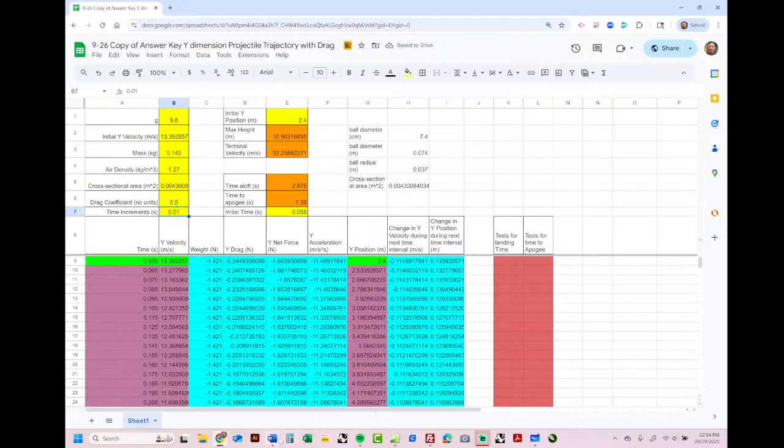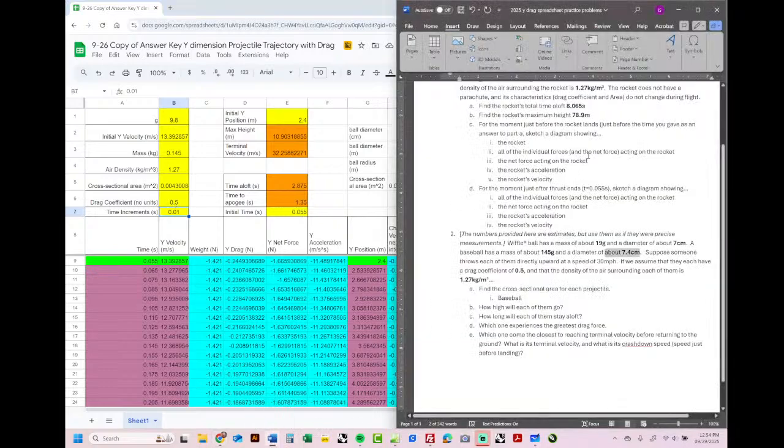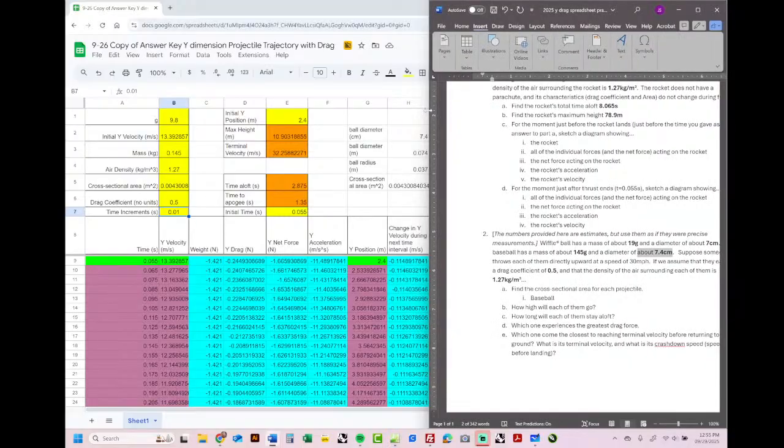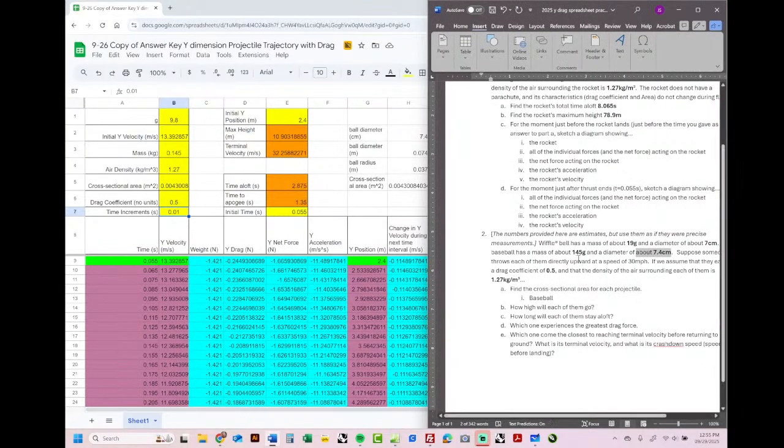So let me go back and confirm that my numbers are right. So the baseball is 7.4 centimeters and 145 grams, which is 0.145 kilograms. Drag coefficient's right. The one thing I haven't, okay, I guess I have done everything. 30 miles per hour.